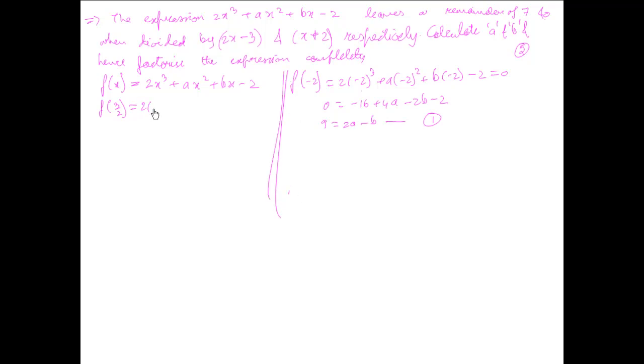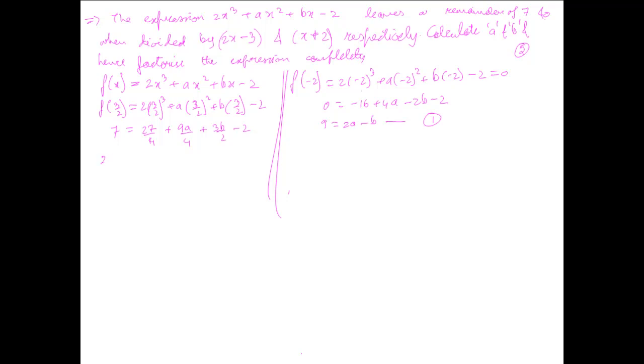So that's 2 times 3 by 2 the whole cube plus a times 3 by 2 the whole squared plus b times 3 by 2 minus 2. 7 is equal to 2 times, that's 27 by 8, so 27 by 4 plus 9a by 4 plus 3b by 2 minus 2.